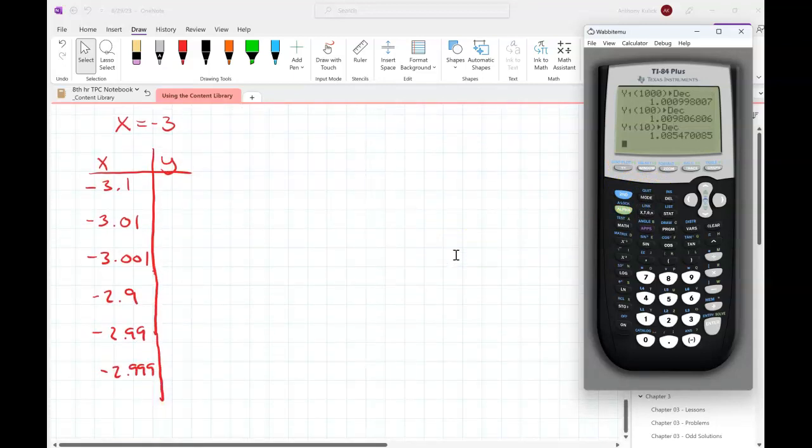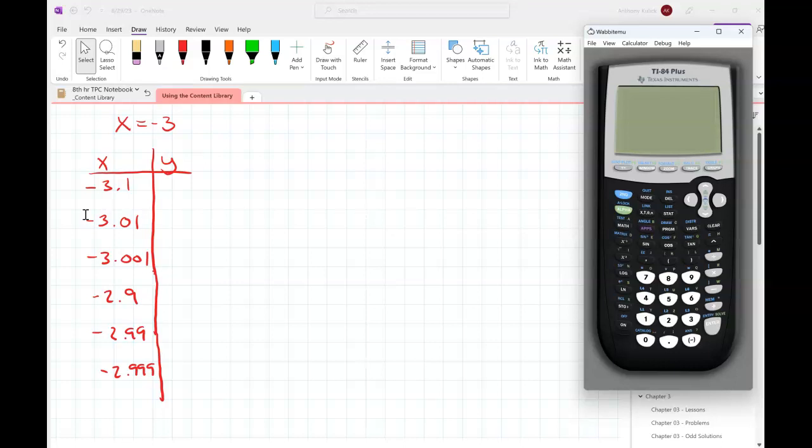All right. So what I've done now is I've typed in my function into the y1 spot. The calculator will treat that y1 like a function notation.